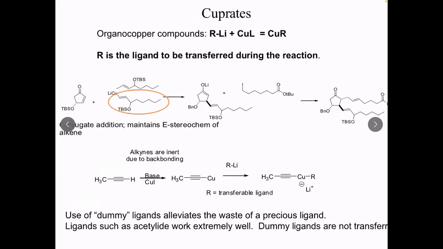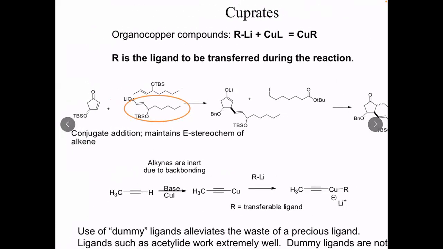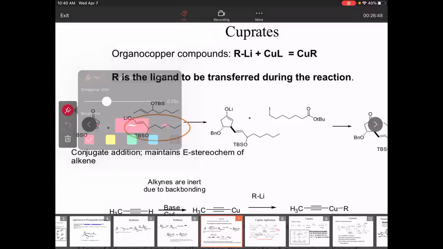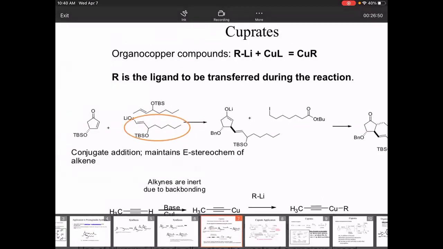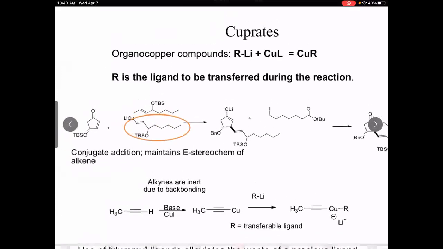Because if you look up here, one of these groups is just going to get trashed, because when you do the Michael addition with the cuprate, only one of those groups is going to get transferred to that molecule. And you can see that here. And again, it's the same thing where the stereochemistry is controlled by that benzoyl oxy group out here.